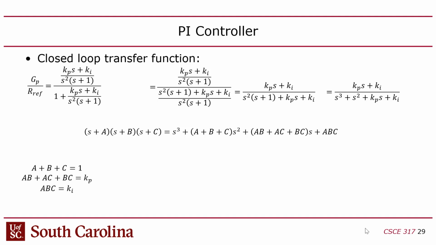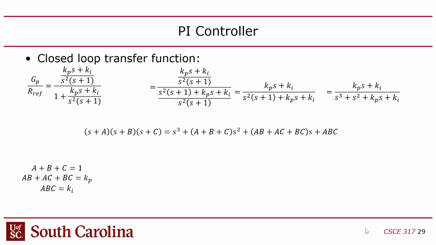S cubed, we know, is going to have a coefficient of 1, assuming I can factor it like this. The S squared coefficient is going to be A plus B plus C. My coefficient for S squared was 1, so I'm going to set A plus B plus C equals 1.